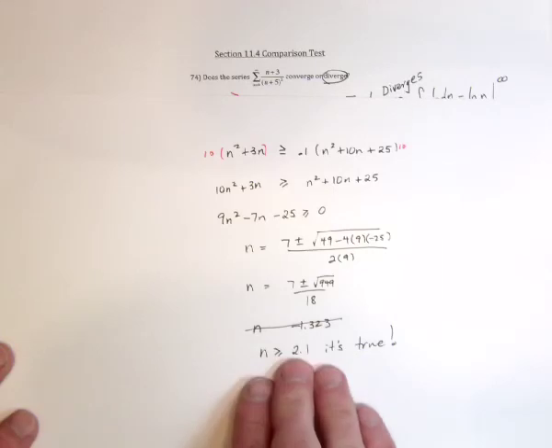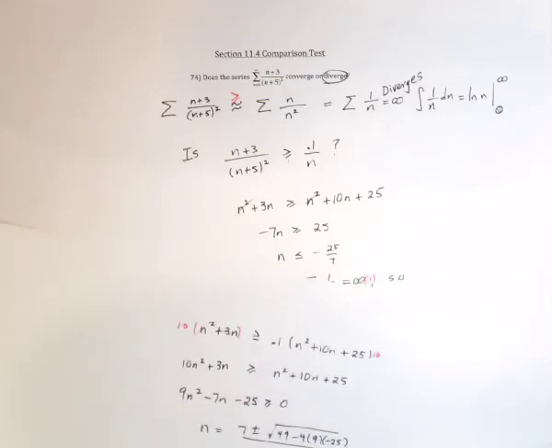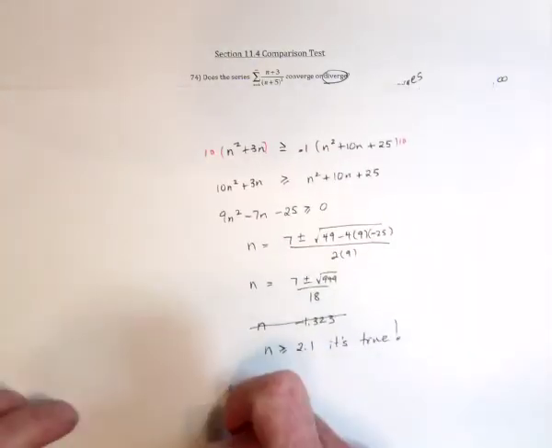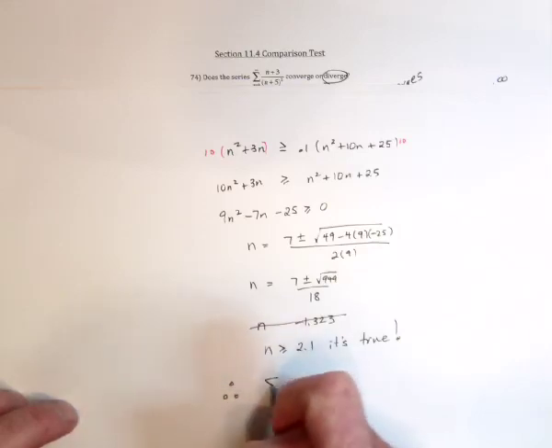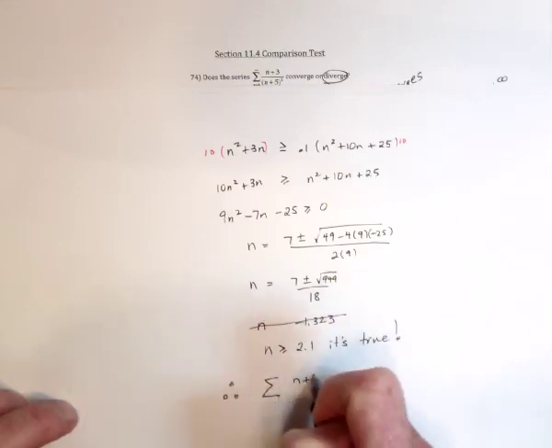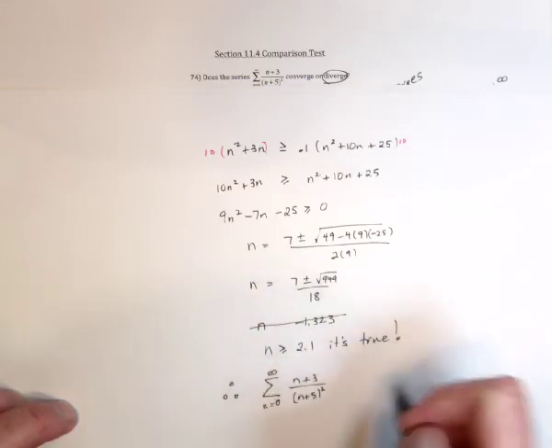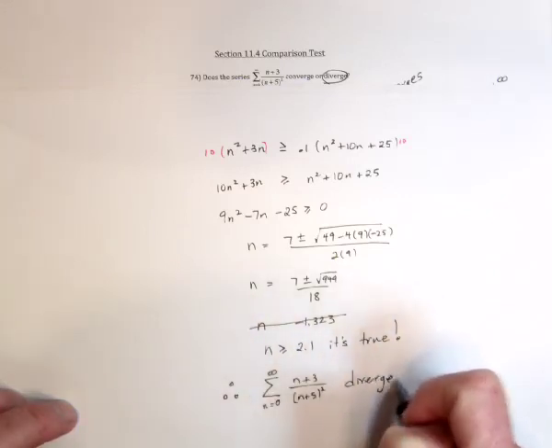Since it's going to be true from 2.1 on, that means this function from 2.1 on is bigger than this function, and since this one adds up to infinity, then this one has to add up to infinity. So therefore, the series (n plus 3) over (n plus 5) squared diverges, adds up to infinity.